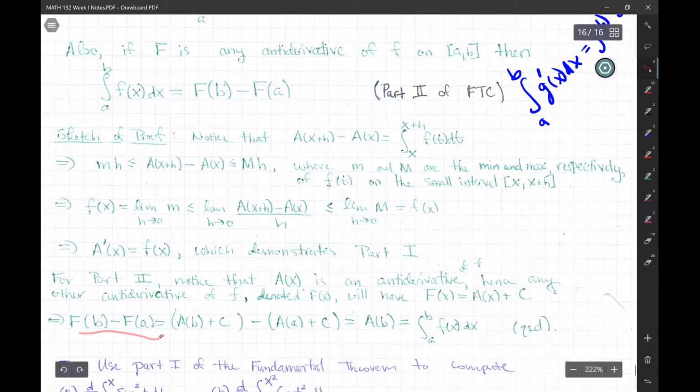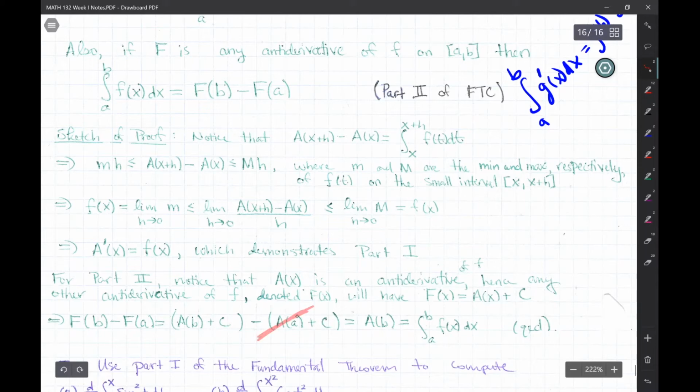And so when we take this difference, this constant comes from expressing F as A of x plus C. Plugging this in for F at b and F at a, we end up with A(b). Why? Because these C's cancel. This minus sign will distribute, and so this C would cancel with that C.